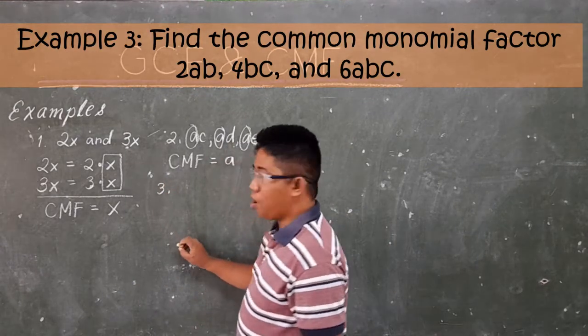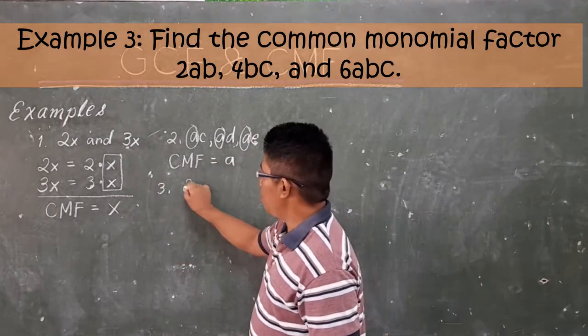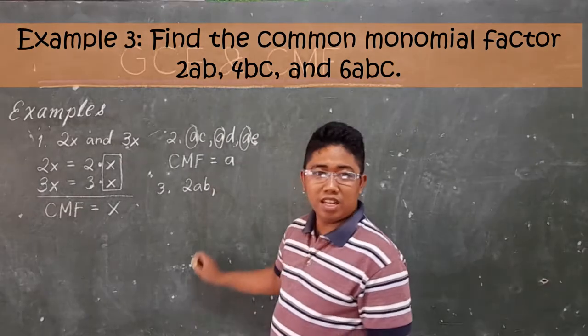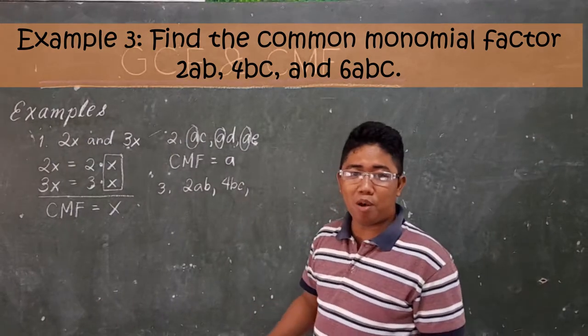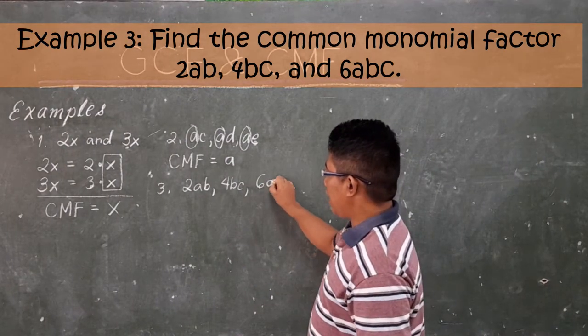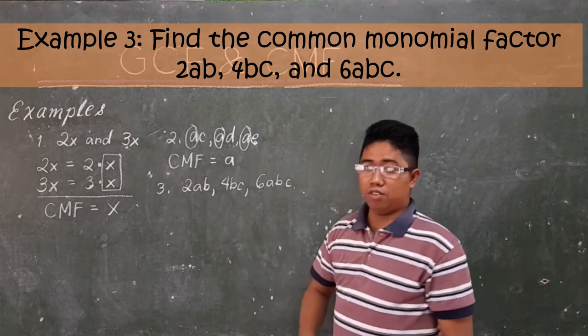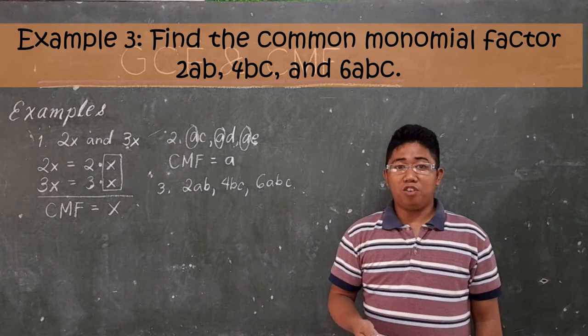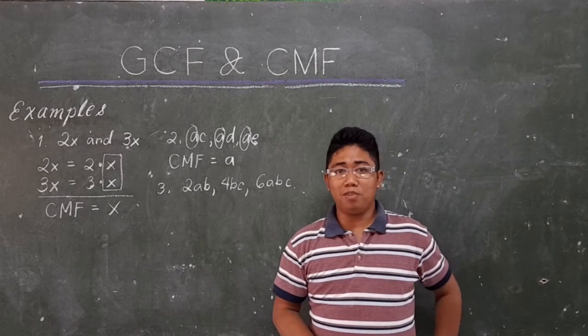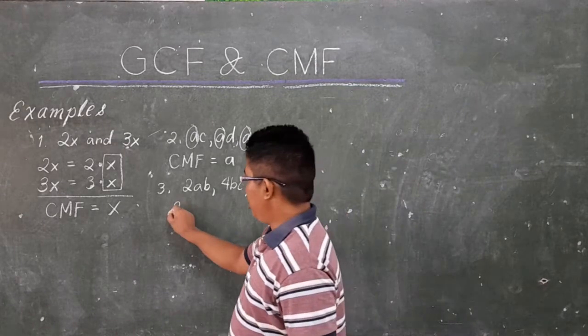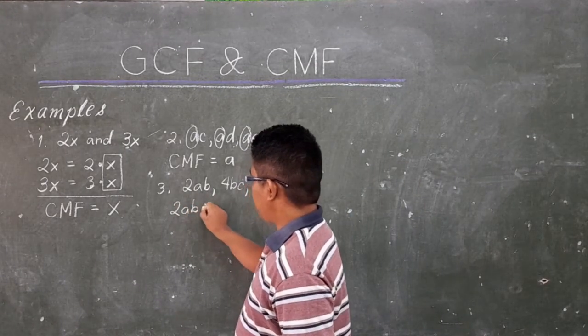We are looking for the common monomial factor of 2AB, the second monomial 4BC, and the third monomial 6ABC. First, we have to rewrite these monomials in order to express them in factor form.